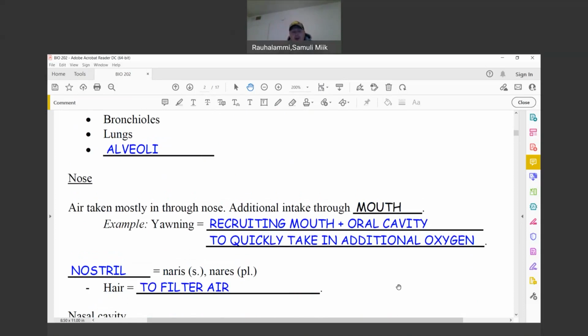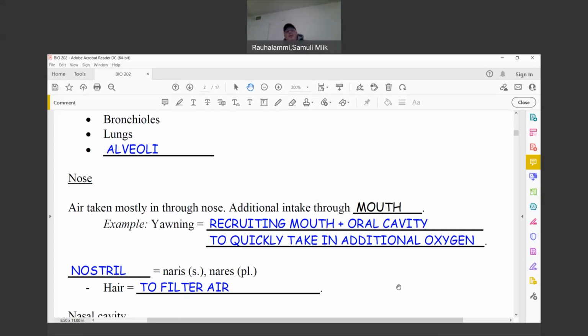And the reason why we're supposed to be nose breathers is that the nasal cavity serves so many purposes and is so important. However, we do end up seeing that we start breathing through the mouth when the needs are not met, when we're not transporting enough air in and out of the body through just the nose.